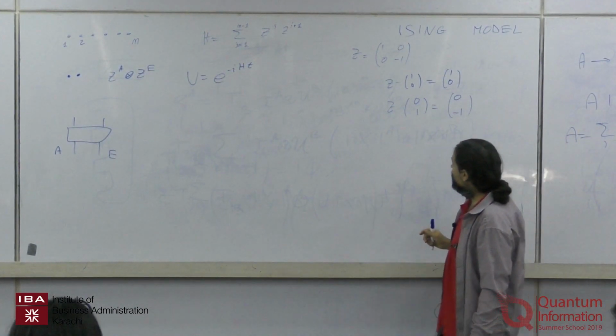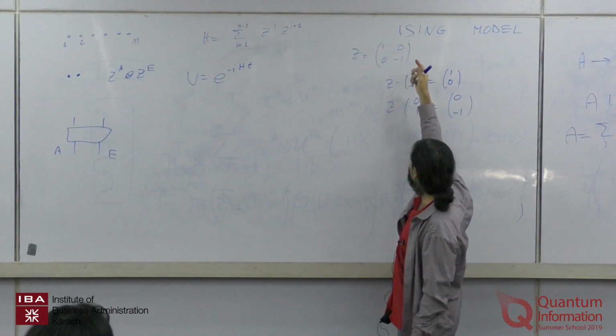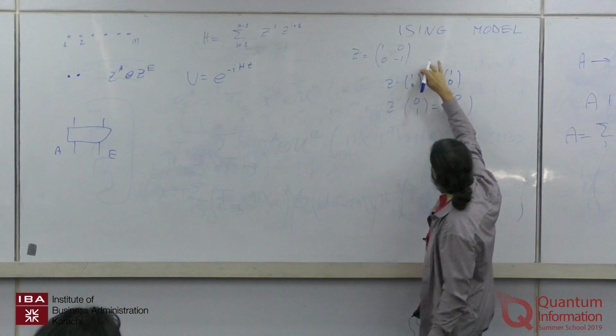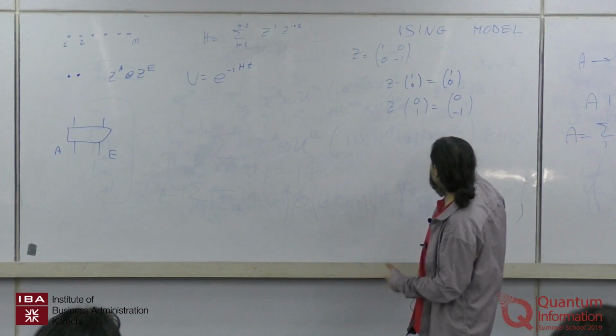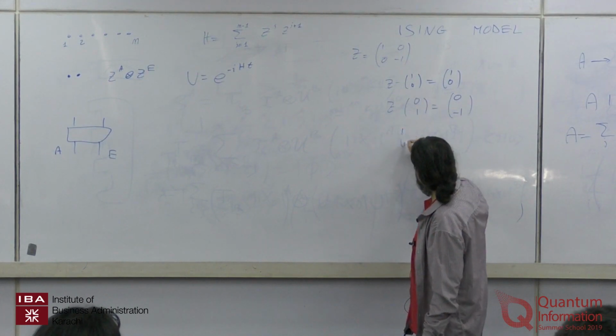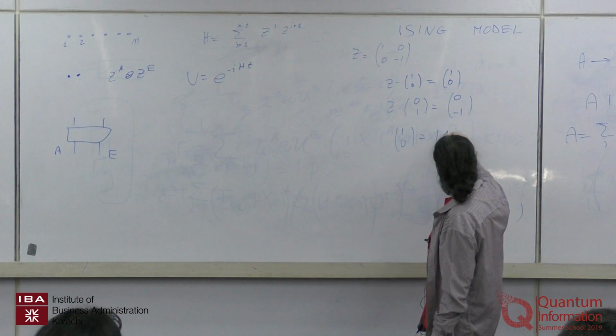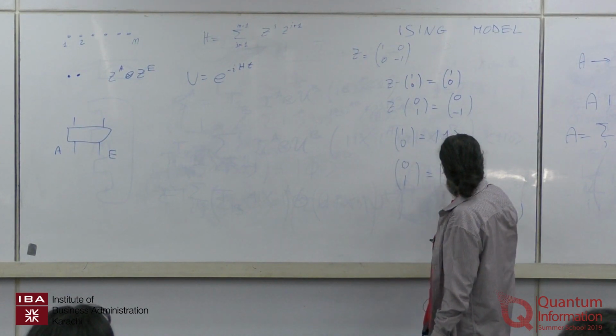Okay, so to make these things simple, so far we have labeled this state as cat 0 and this state as cat 1. Now let's change the labeling a little bit to make the notation easier. We'll write 1, 0 as 1 and 0, 1 as minus 1.